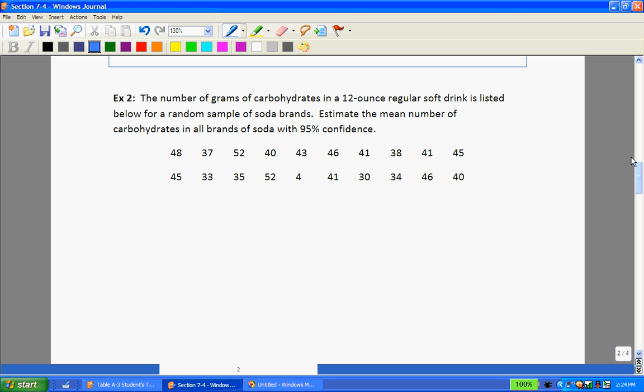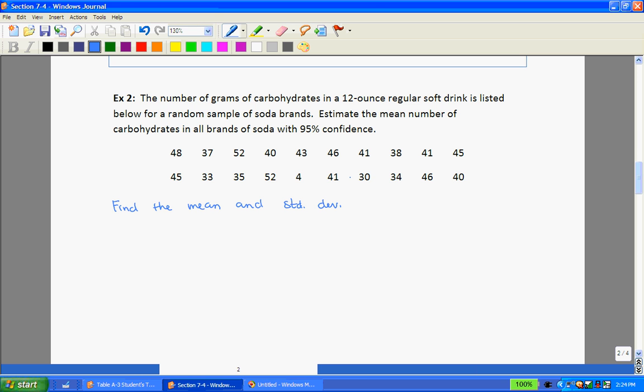But for us, we know we have these preliminary calculations, so let's get started on that. So the first thing we need to do is find the mean and standard deviation.